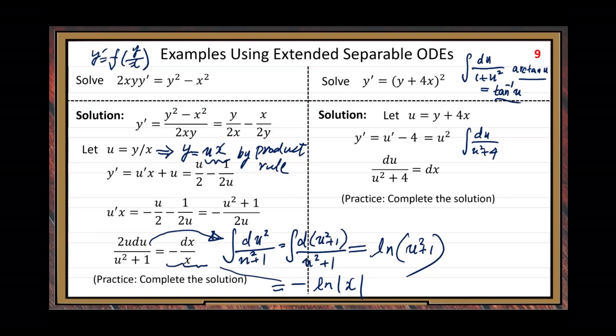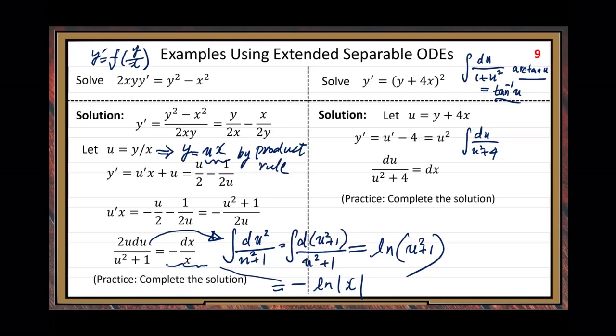But don't understand inverse as the reciprocal. That would be wrong. Here, tangent inverse does not mean the reciprocal of tangent. That's completely wrong. You may get confused if you use tan inverse.